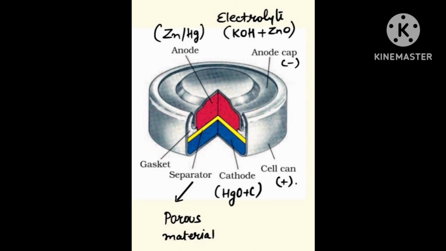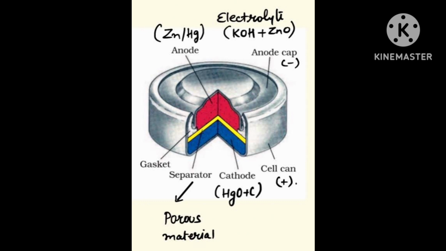Here all things are almost in pairs. The anode is Zn amalgam, that is Zn plus Hg. The cathode is again a pair, HgO and carbon.